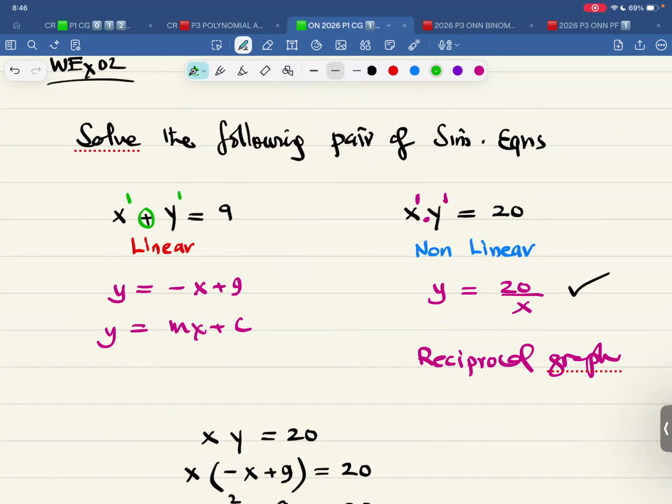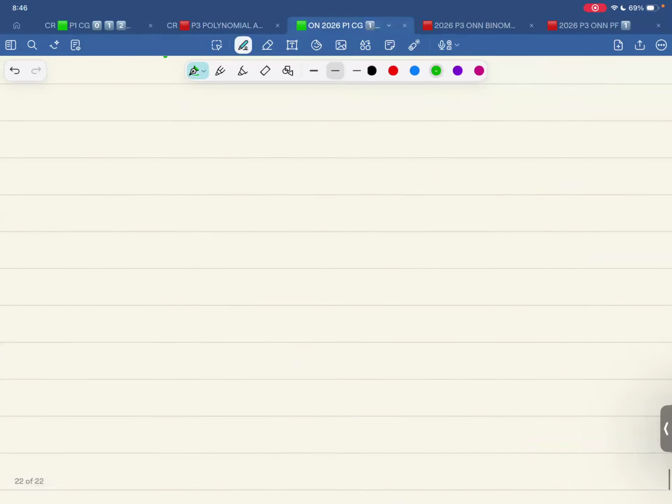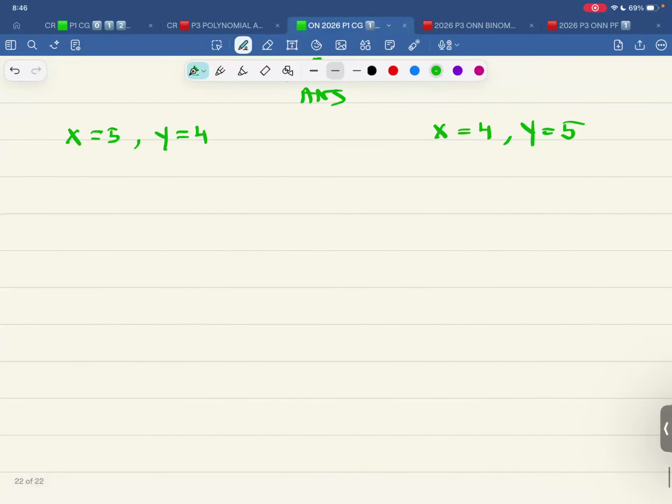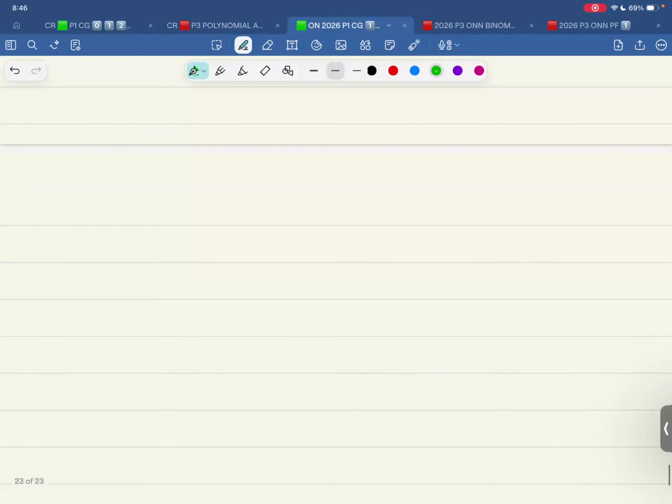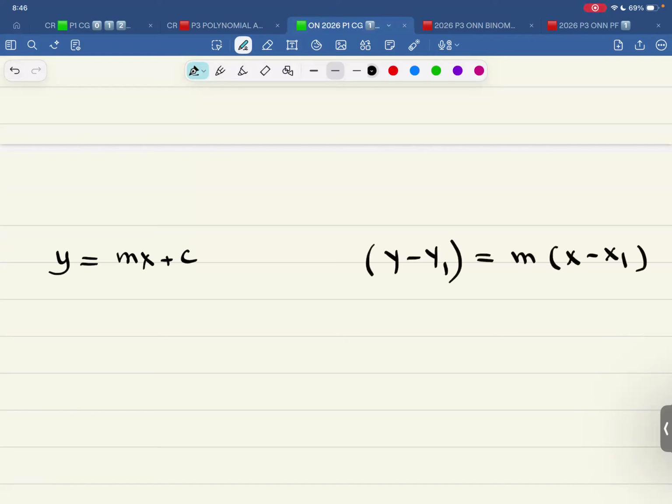Now, let's move ahead. Every single thing is necessary. Let's move ahead to the idea of another form of a straight line equation. Y is equal to mx plus c. Y minus y1 equals m bracket x minus x1.